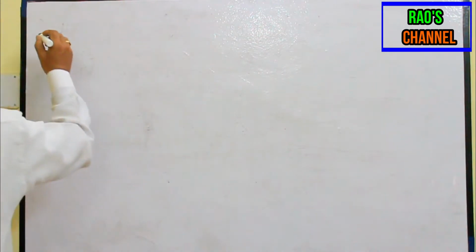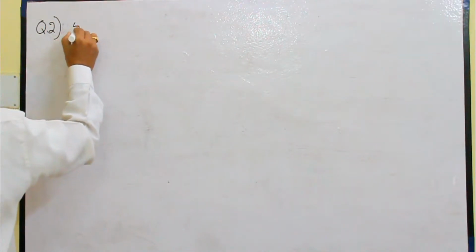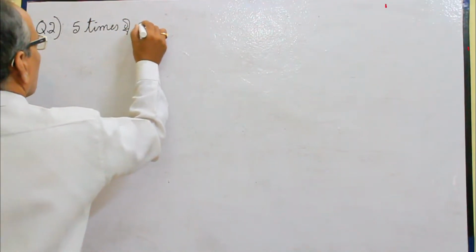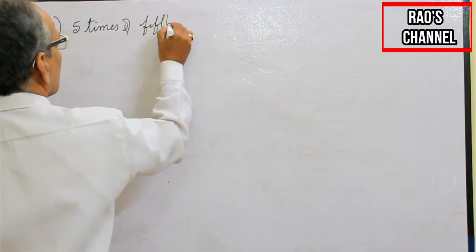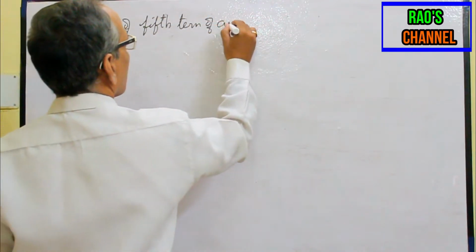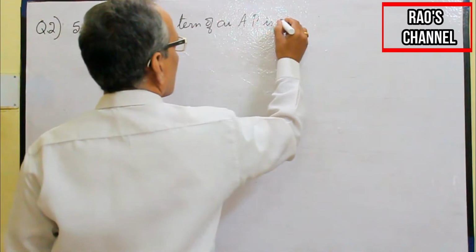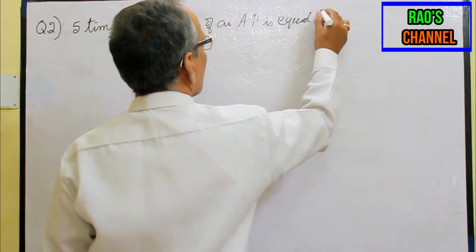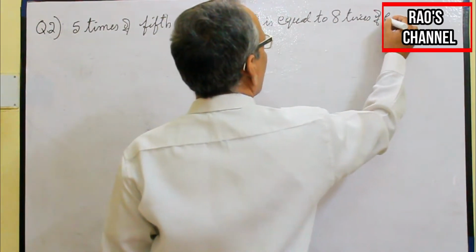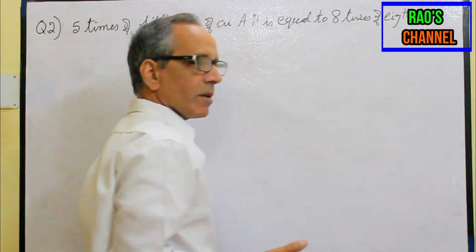The question 2 is, five times the fifth term of an AP is equal to 8 times the 8th term of the same AP.